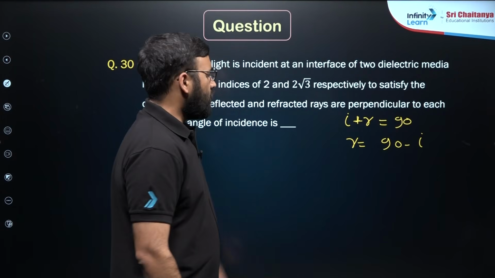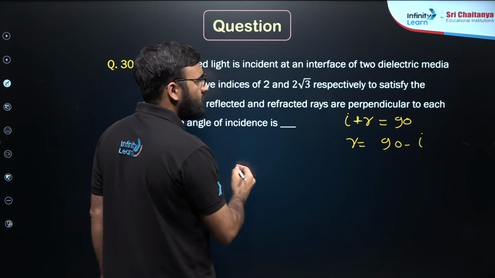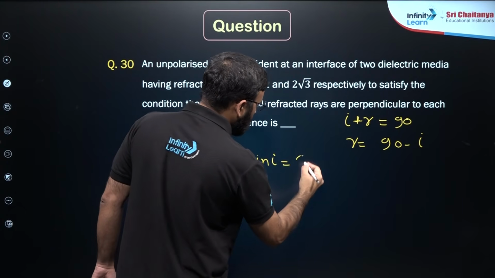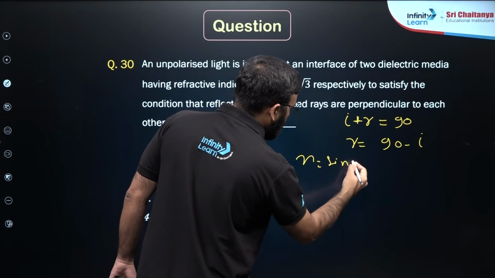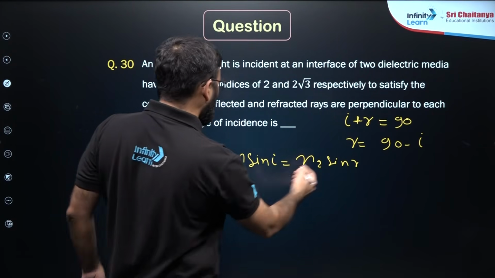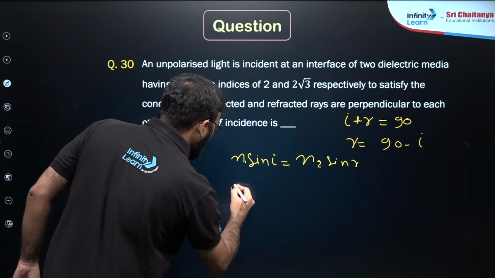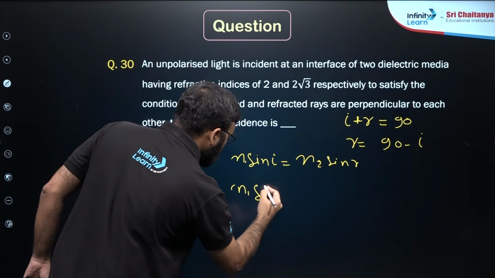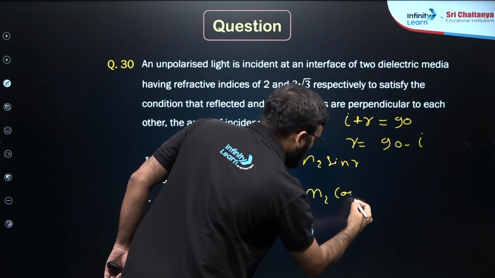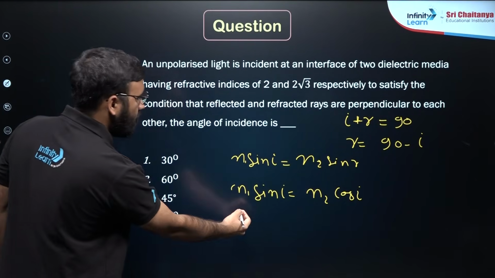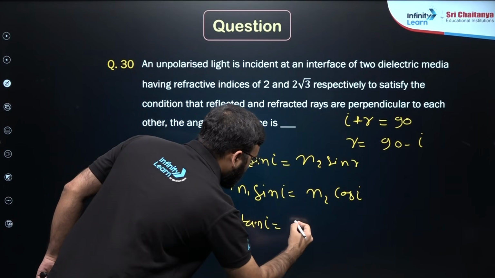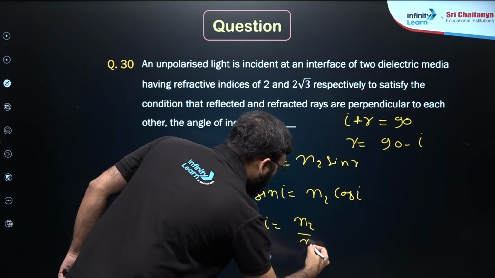Now we can use Snell's law. Snell's law means N1 sin I equals N2 sin R. Since R equals 90 minus I, sin R means cos I. So this becomes tan I equals N2 upon N1.